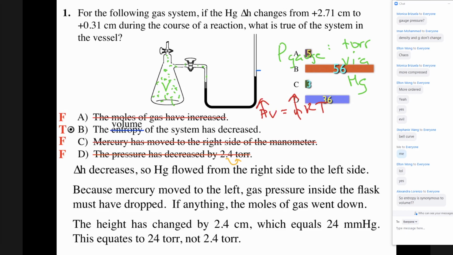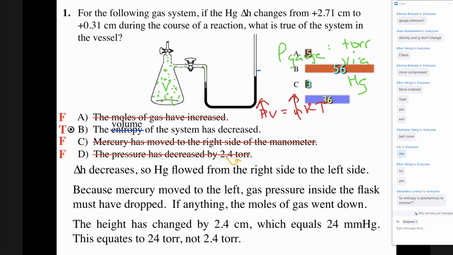Entropy is sort of synonymous with volume. What's meant by that is, if you compress a gas into a very small space, it doesn't have a lot of spot to move around. So not synonymous, but correlated: if I reduce the volume, give it a smaller space, they can't move around as much, they're less chaotic. They're forced to be in a smaller region.